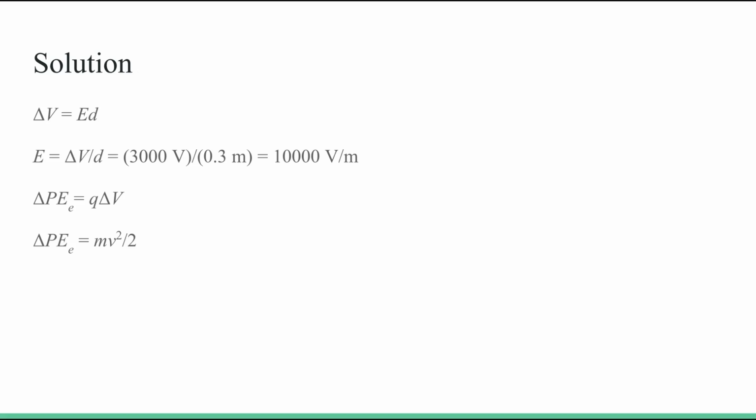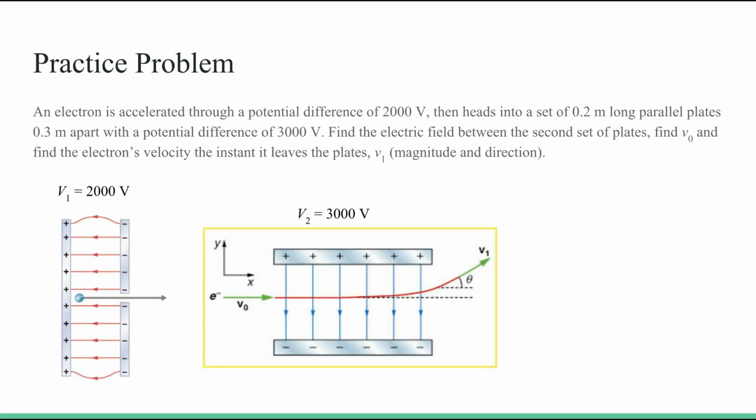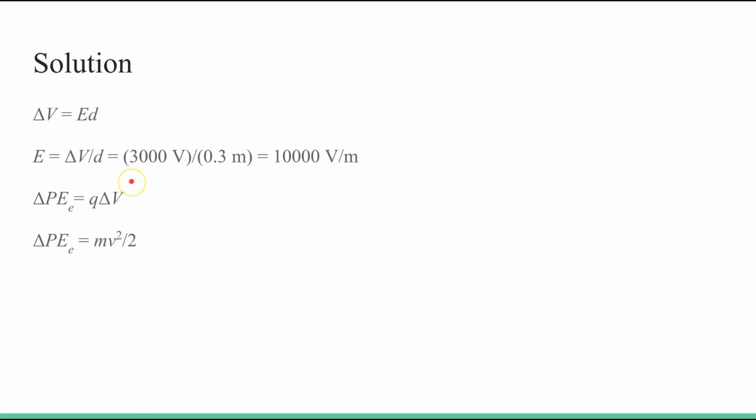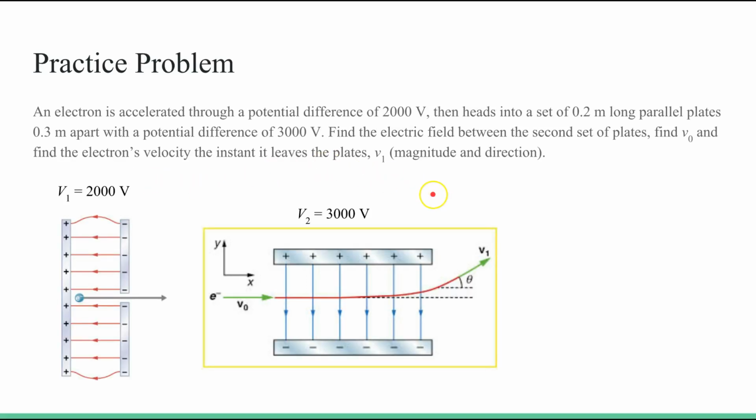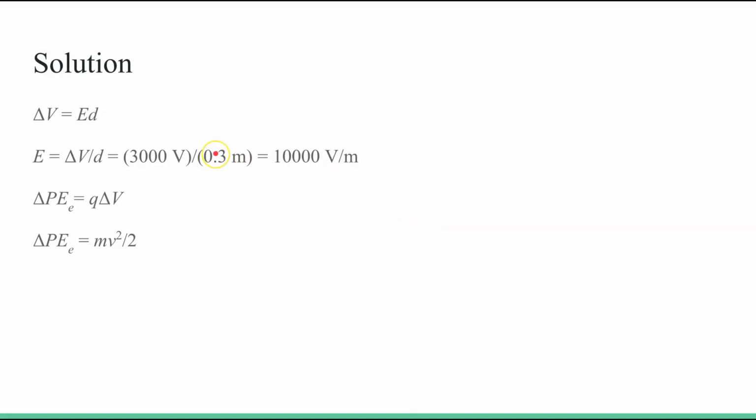Okay, so if you want to find the electric field in the second set of plates, I give you the potential over here, 3,000 volts. You use delta V equals E d. So E equals delta V over d, so 3,000 volts divided by 0.3 meters, the actual distance between the two plates, equals 10,000 volts per meter.